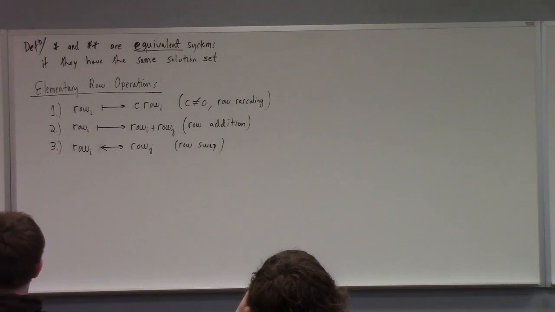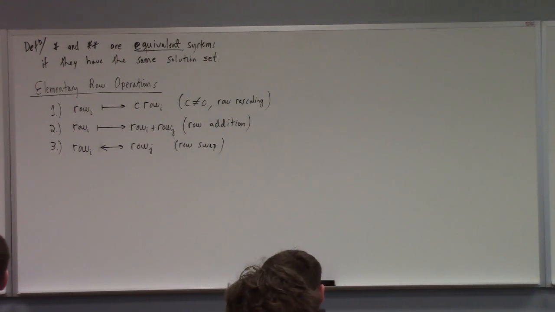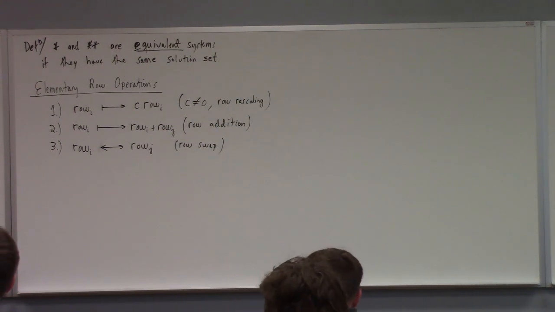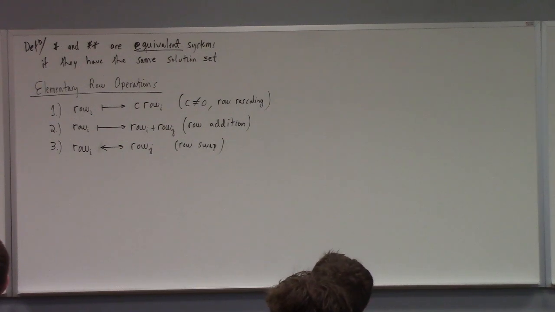What I'm going to show you is that we can use elementary row operations to change the system we're given to a very simple system, which is stupidly easy to write down the solution from. I'm going to illustrate by example, and once I've done a few examples, I'll tell you what the general algorithm is, okay? My first example is relatively simple.